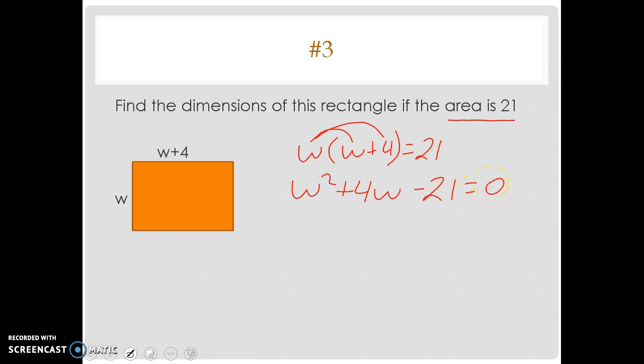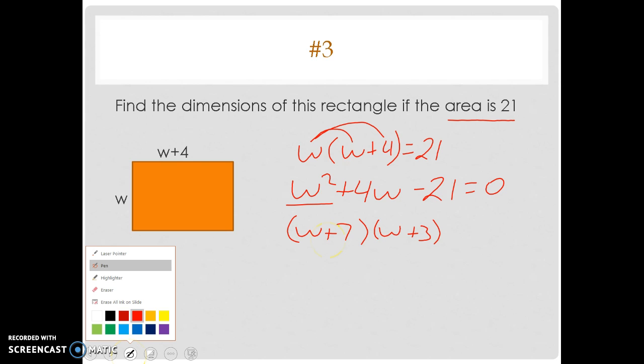And now I'm going to solve this by factoring it. I'll have W times W equals W squared. And if I went negative 7 and a positive 3, no, let's switch that around. Let's go positive 7 and a negative 3.